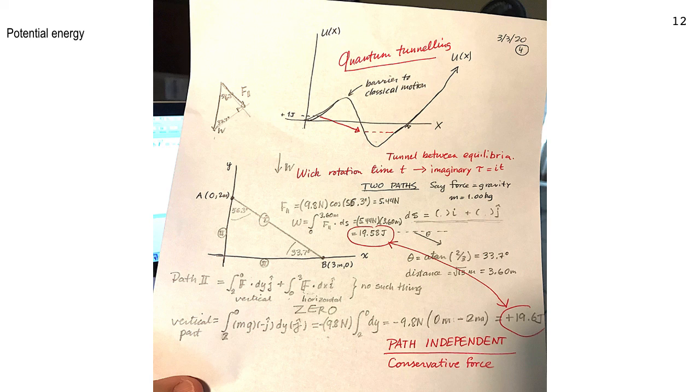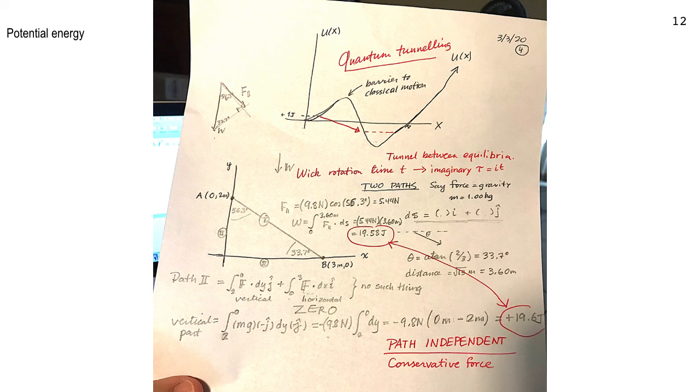All right, so on this path, the work is equal to the integral from 0 to 3.60 meters of F parallel times ds. S goes from 0 up here to 3.60 down here.